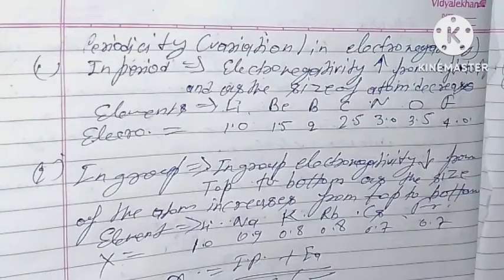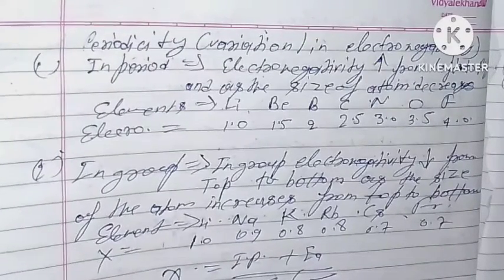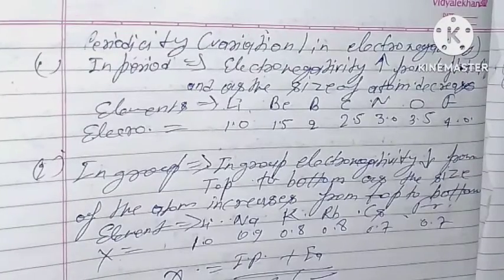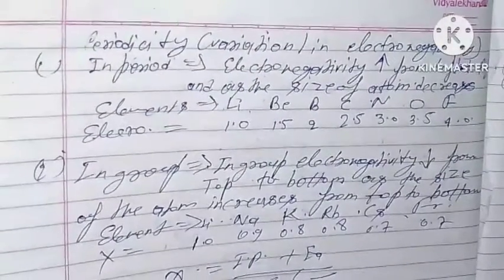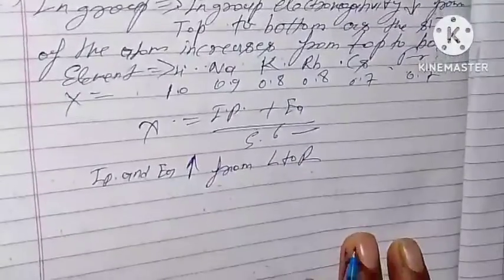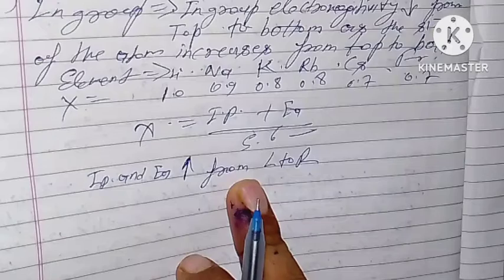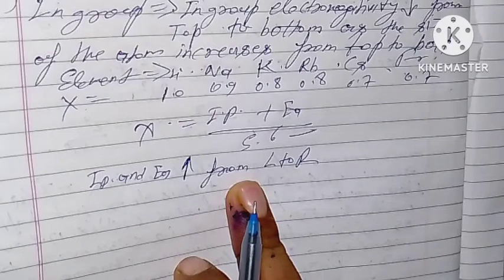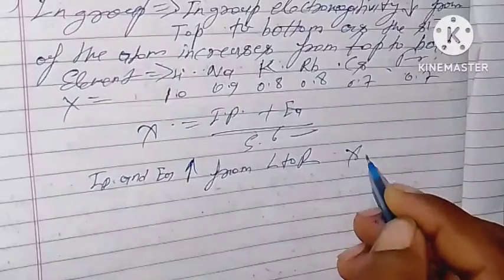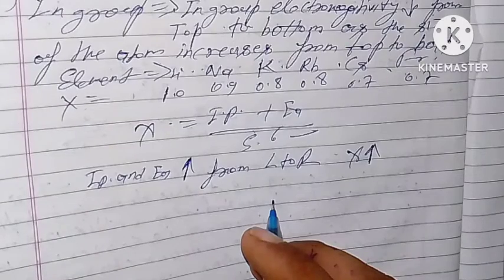As both IP and EA increase from left to right in a period, chi also increases from left to right in a period.